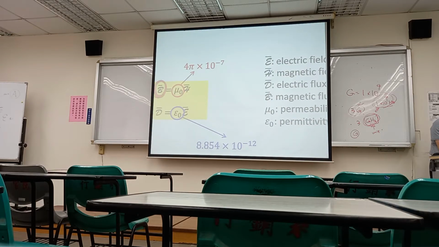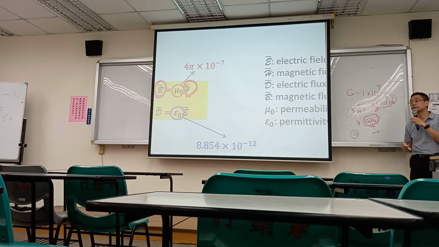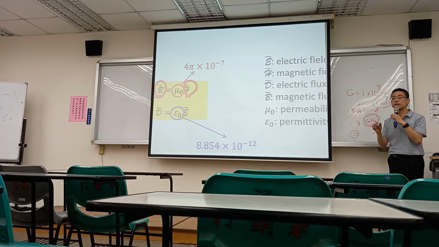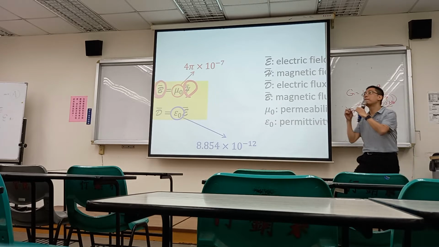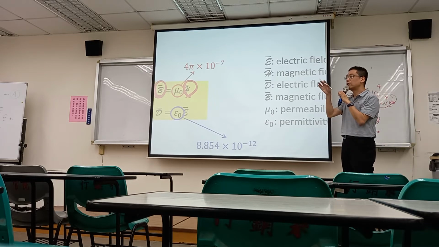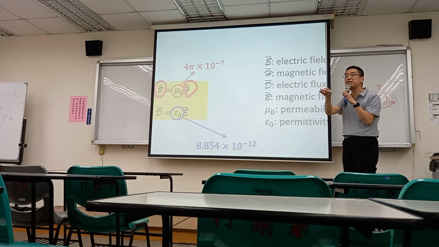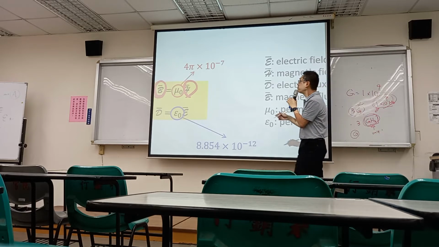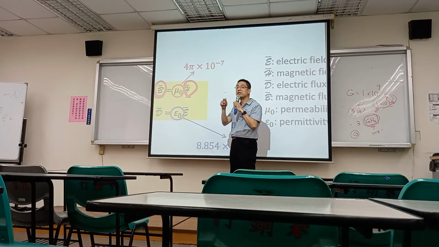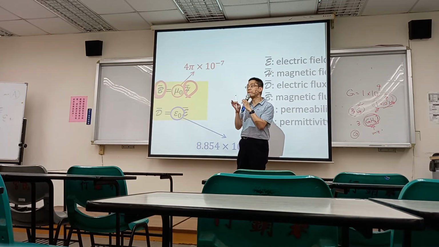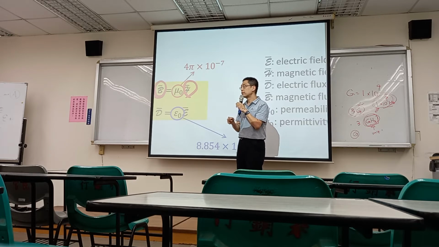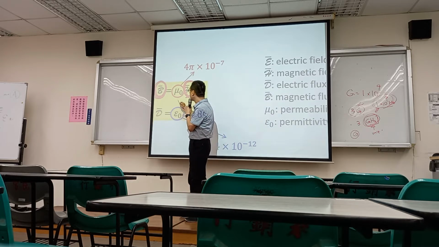B is equal to mu 0 times your H field, your magnetic field. The magnetic field is the same, but when it is in a different medium, there are some things related to the medium. If your field is in the air, you use epsilon 0 and mu 0.